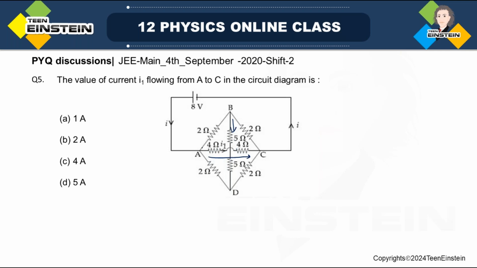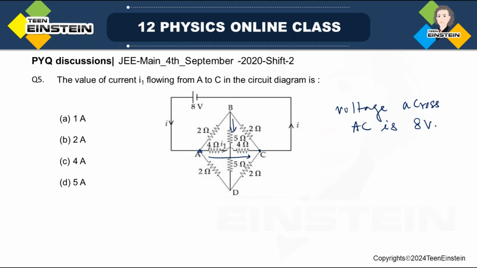Obviously, you can see that the voltage across AC is 8 volt, right? Now what is the current?